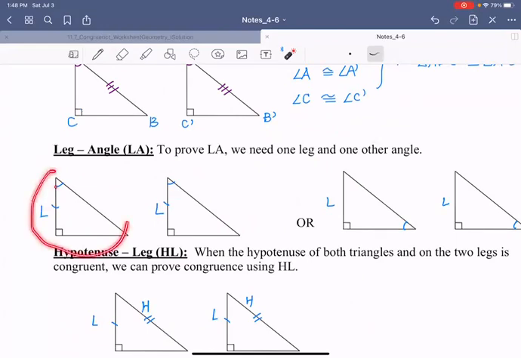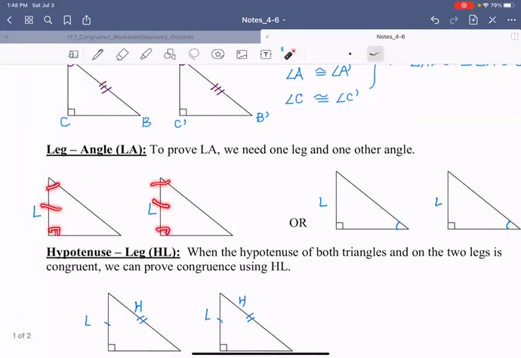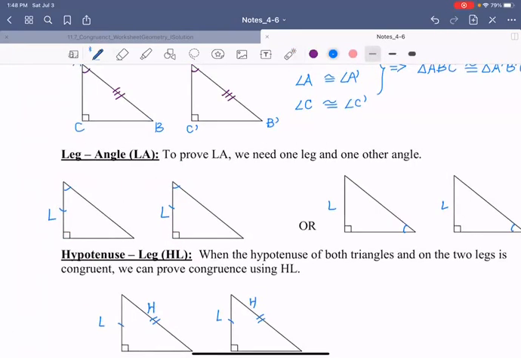Which theorem do you want to use to prove these congruent? ASA. So by using ASA, you can prove these two triangles congruent. As long as I have an LA, it's going to make two right triangles congruent. So ASA proves LA is working.